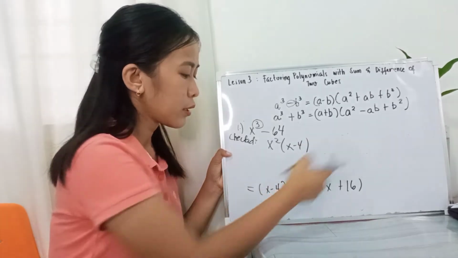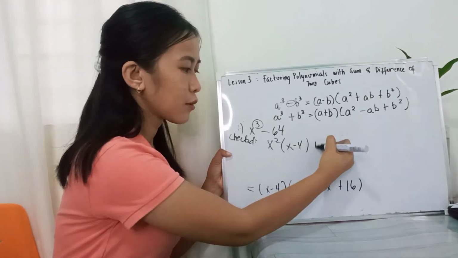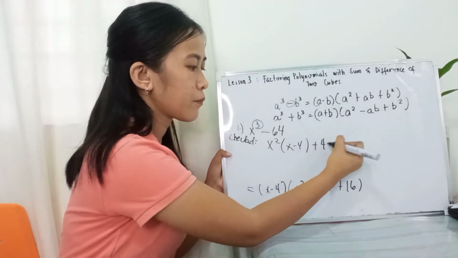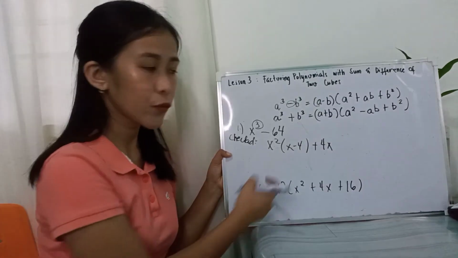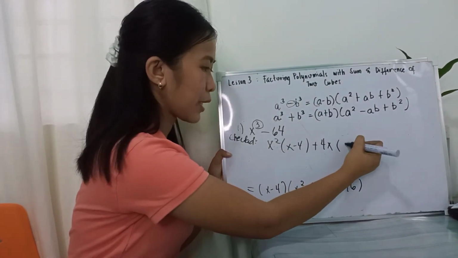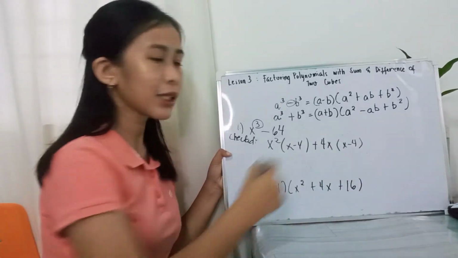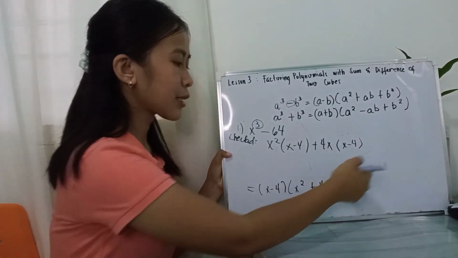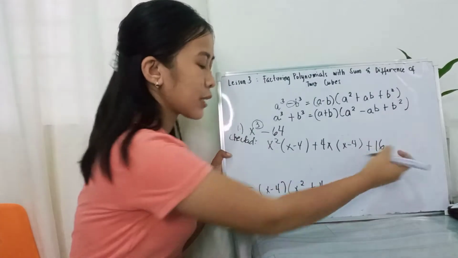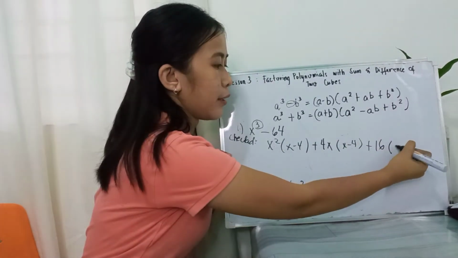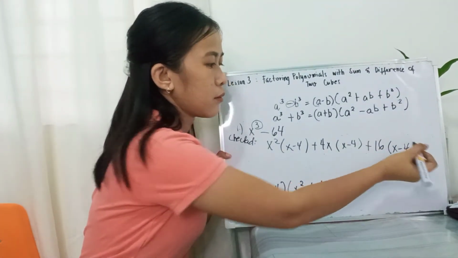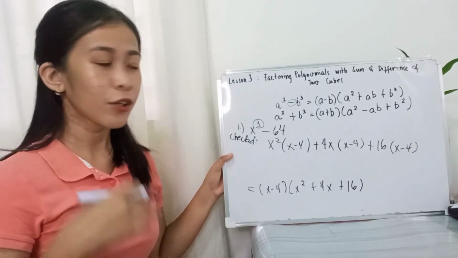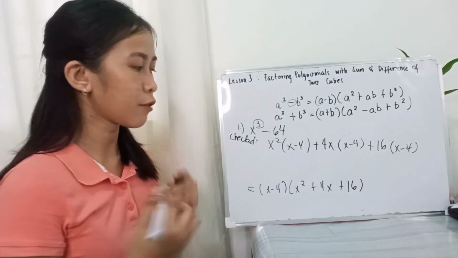Ayan. Of course, that is plus. Kunin mo lang din yung 4x times x minus 4 ulit. Lahat, no? Okay, multiply natin. Okay, this is just to check. And then, 16 plus 16 times x minus 4 again. Okay? So, use distributive property of equality.